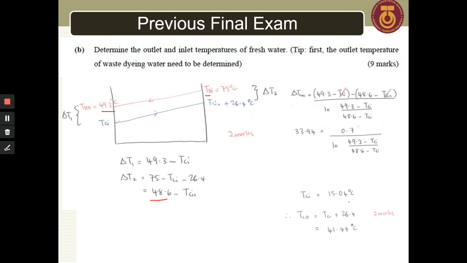You can press your own calculator and see whether you get the same value as mine. Then when you get TC1, you can directly calculate TCO, because TCO is TC inlet plus the difference, which is 26.4. So you get 41.44. So that means we are complete with part B.